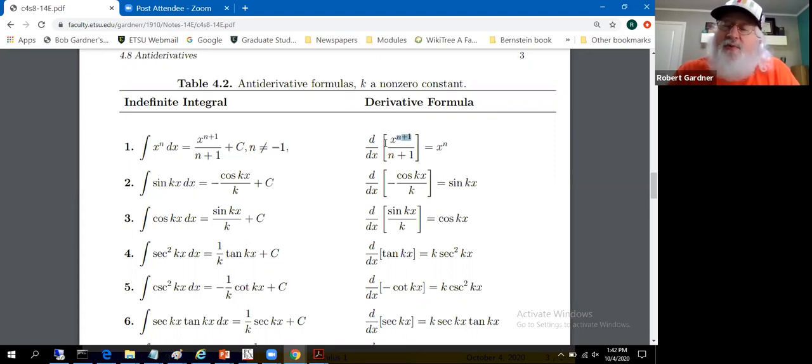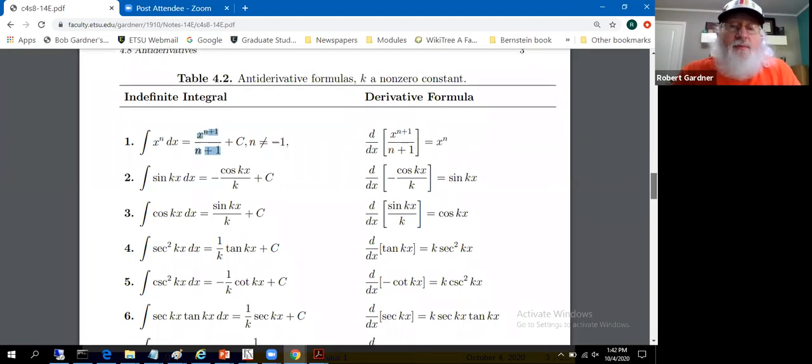By the way, it'd cancel with what's in the denominator. You'd subtract 1 from the exponent, and you'd be left with x to the n. So if differentiating this produces that, then the indefinite integral of that is the aforementioned this, plus an arbitrary constant, provided nothing goes wrong. So avoid the division by 0 stuff.